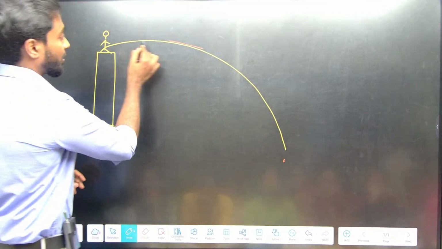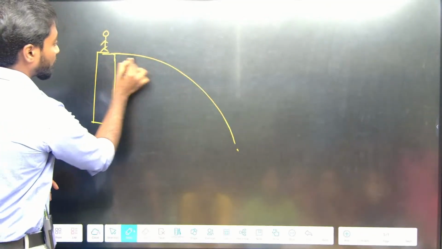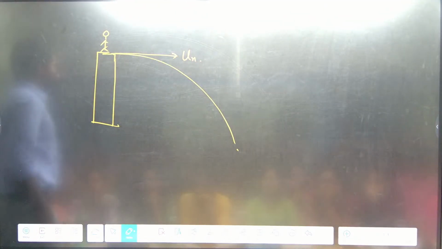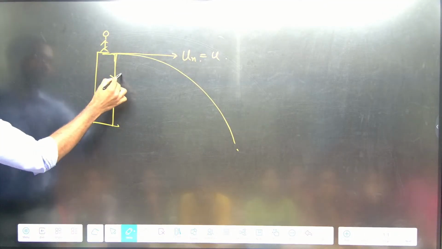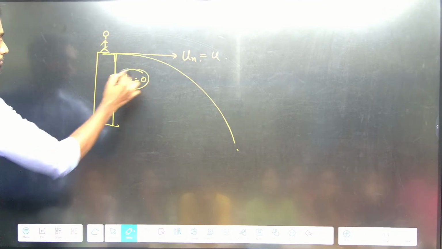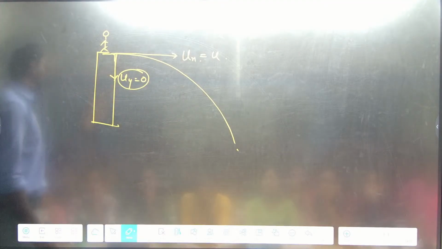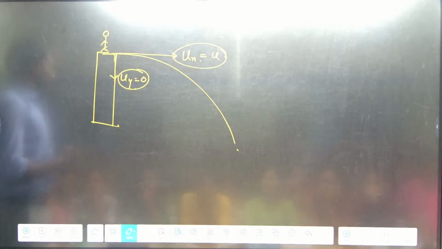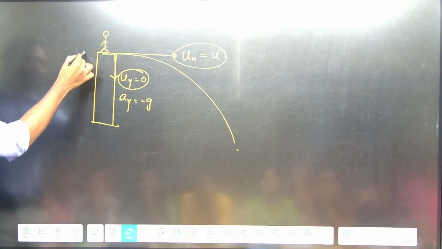So projected in the sense, there is only ux, which is nothing but uy will be 0. I am throwing the object towards the x axis, I am not throwing the object towards the y axis. So throwing along the x axis, uy will be 0, ay will be minus g, because the direction is towards down.